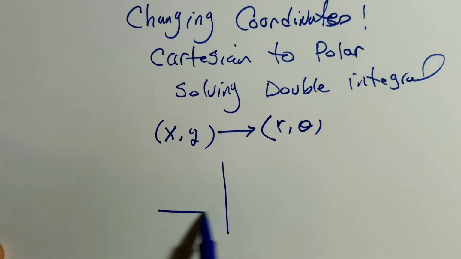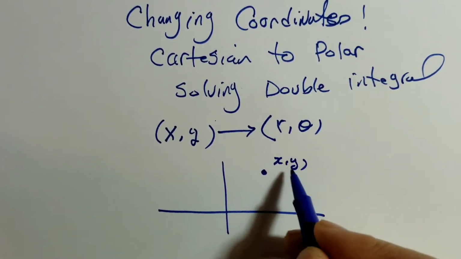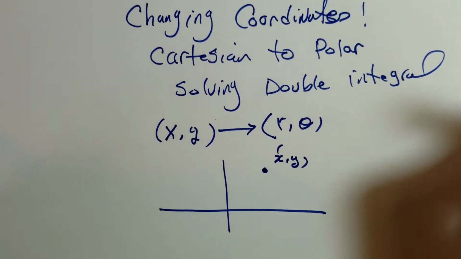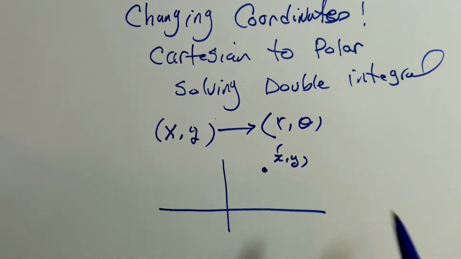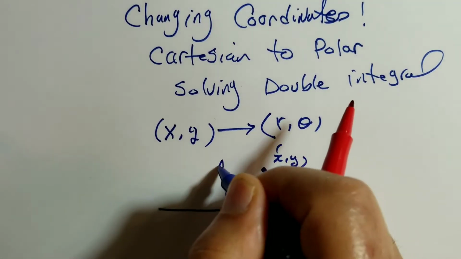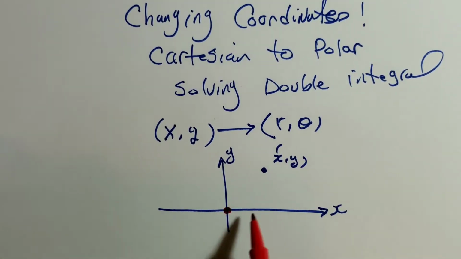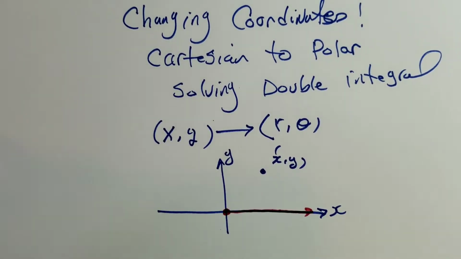Remember in pre-calculus when you had an ordered pair, an x and a y, you could use polar coordinates, which instead of the origin you had the pole, and instead of the x-axis you had the polar axis.